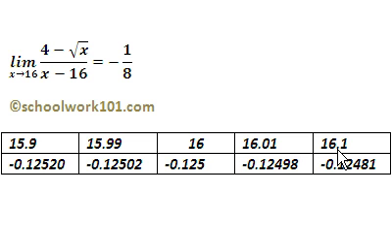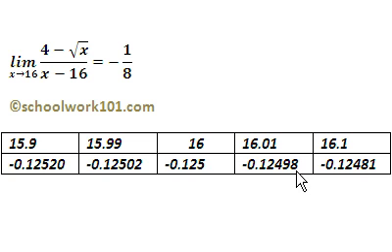We take 16.1 and plug it into the function here, and you should get -0.12481. Now we're going to get a little closer to 16 from the right hand side, and when we plug 16.01 into our function, we end up getting -0.12498. So you should try plugging this into a calculator and seeing what you get.